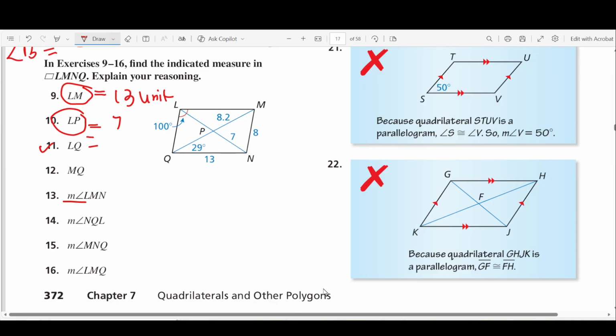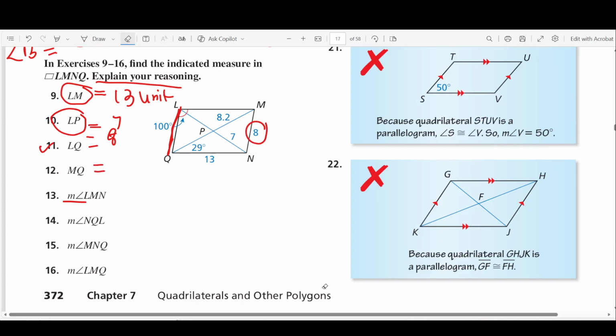Yes, it's a line segment. Check it. How much is that? What is the value? 8. Very good, 8. Explain your reasoning. Why is it 8? Because in a parallelogram, opposite sides are equal. So LQ is equal to 8.